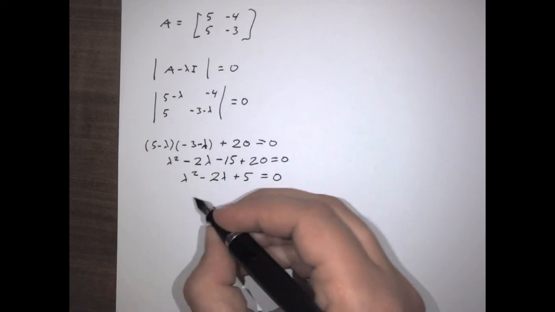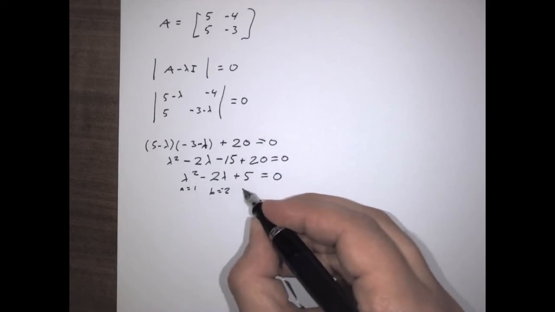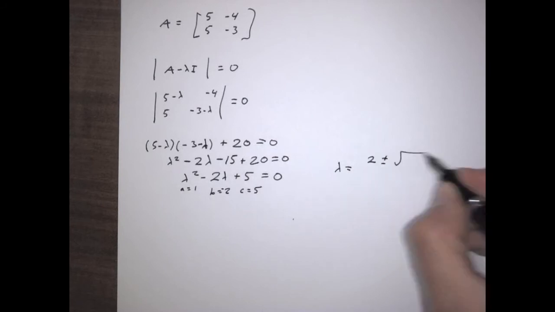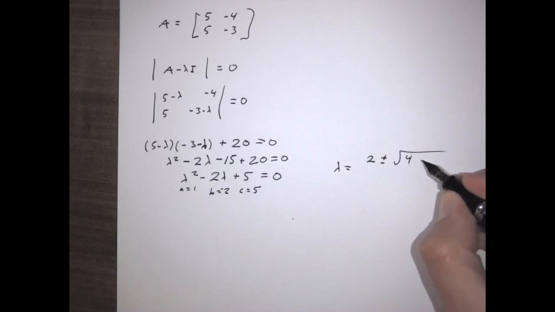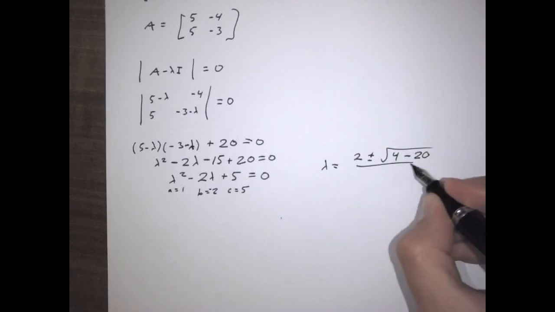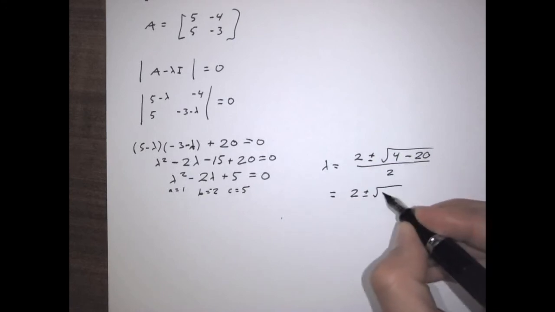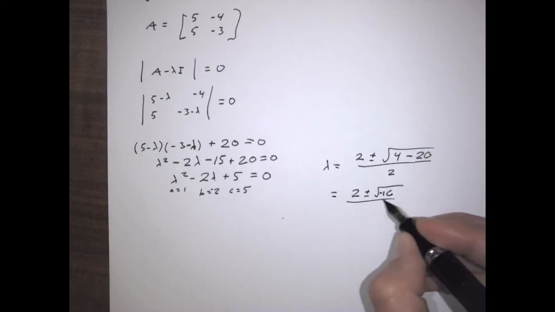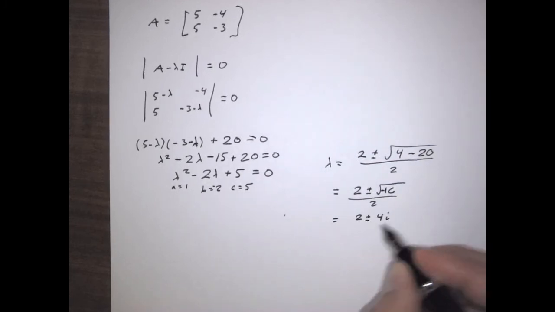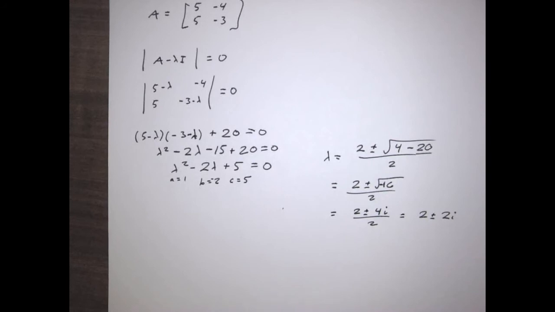So now we can't factor this, but we can use the quadratic formula. So a equals 1, b equals negative 2, c equals 5, which means lambda equals negative b, so it's 2, plus minus the square root of b squared, which is 4, minus 4ac, so minus 20, all divided by 2a, which is 2, so that's going to be negative 16, which means that it's going to be 4i, which is going to be 2 plus minus 2i, sorry, 1 plus minus 2i.